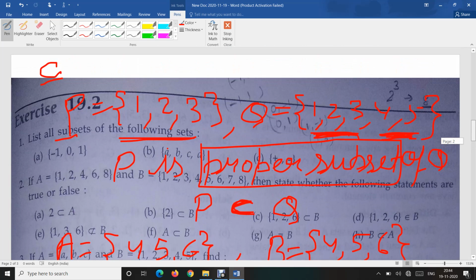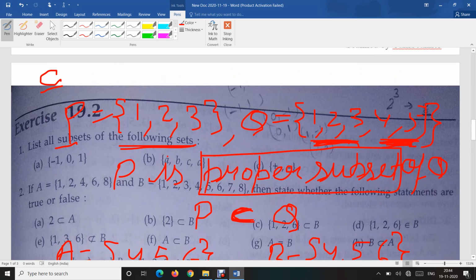But in the above condition, we have 4 and 5 other than 1, 2, 3. 1, 2, 3 are the elements of Q and also the elements of P. So we have two more elements other than set P. That's why we can say that P is the proper subset of Q. But if we have the same elements in both sets, then the first set will not be the proper subset of the second set.